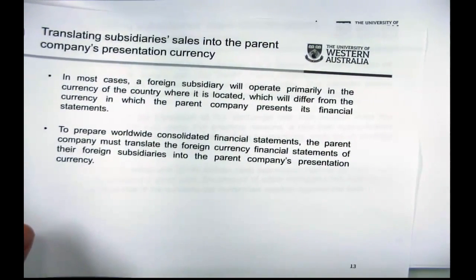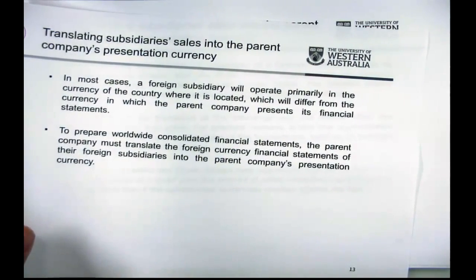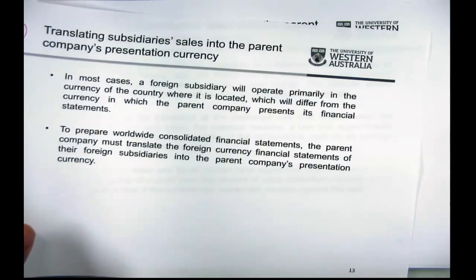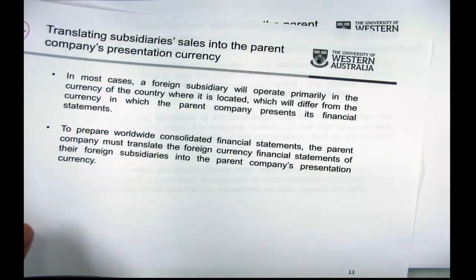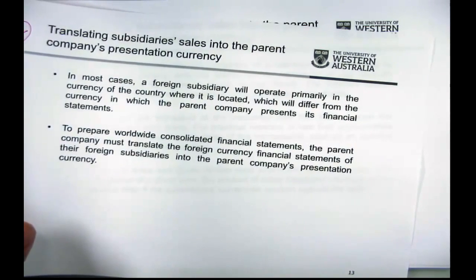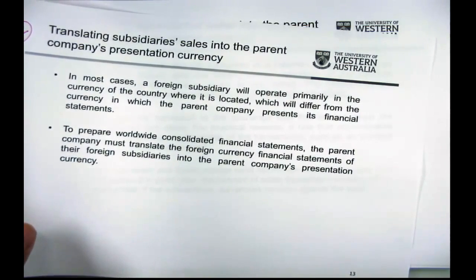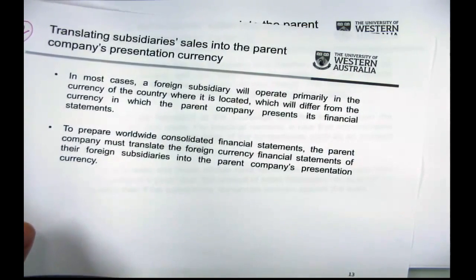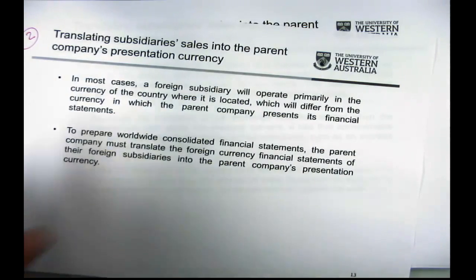If you have a subsidiary located in Japan, then this subsidiary most likely will prepare its statements in Japanese yen. The same applies if you have a subsidiary in the US, Canada or Europe. They normally do business and prepare statements in the local currency in which they are located. So as a parent firm located in Australia, when you consolidate the statements of your overseas subsidiaries, there is a problem called translation adjustment.